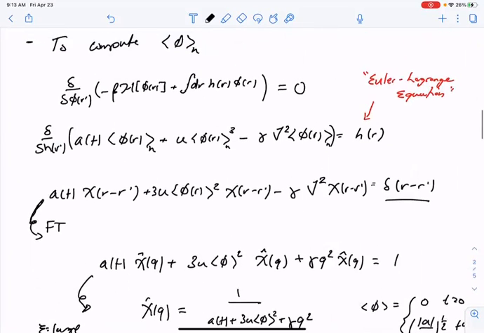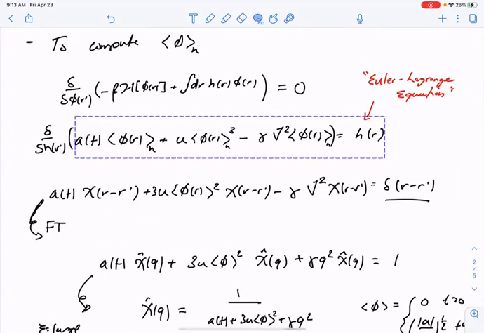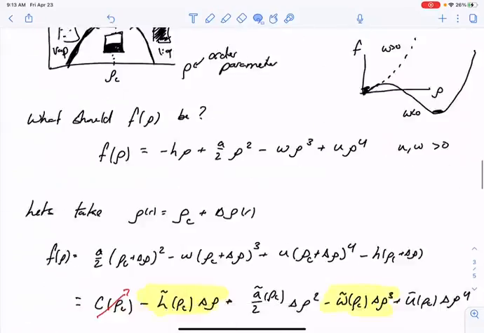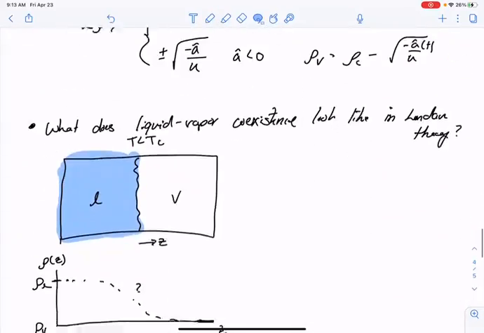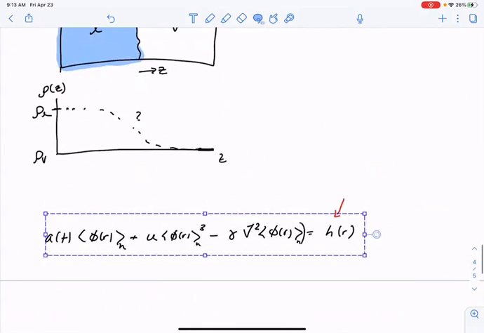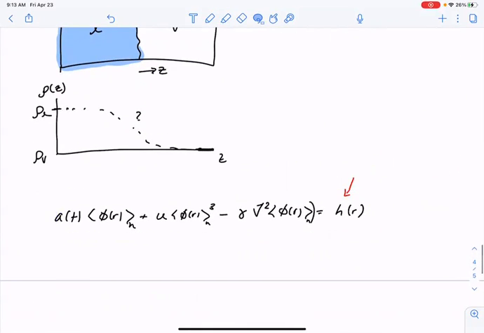So if we went back here, we know that now our liquid vapor transition theory is isomorphic to our phi-4 field theory. So if we just replace this with A hat, we're working under coexistence conditions, so there's no applied field.